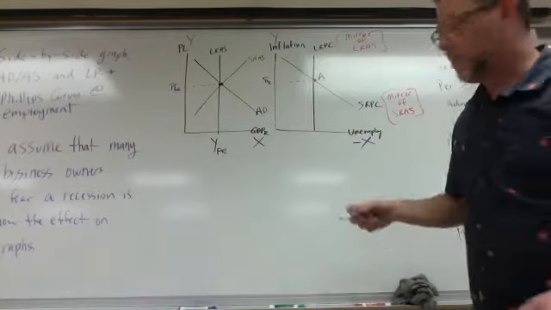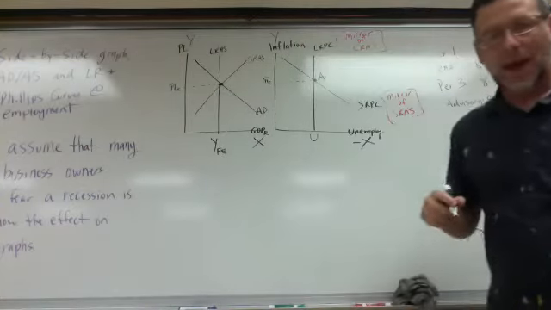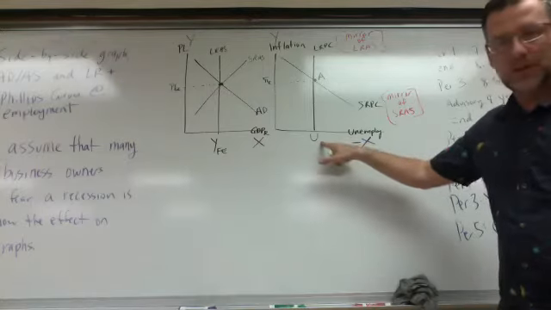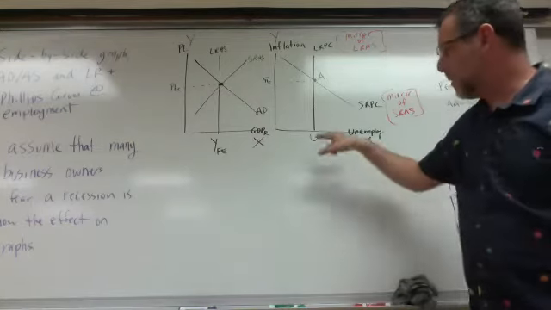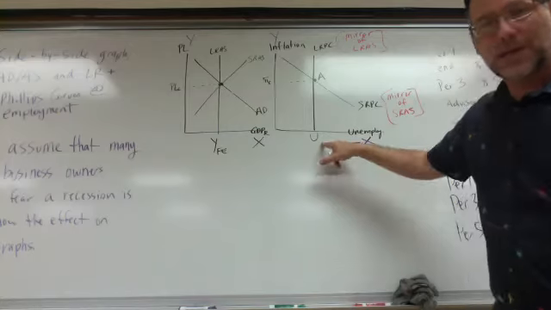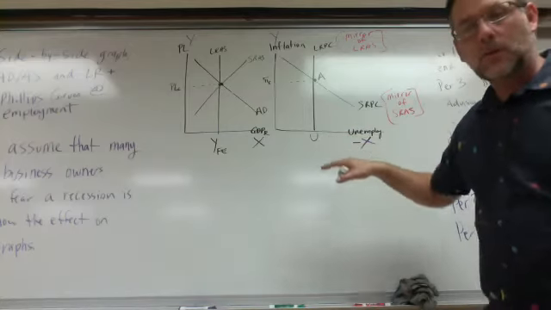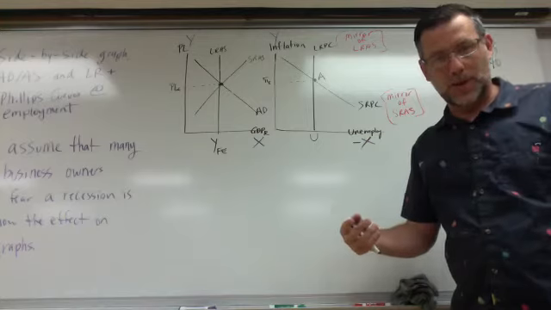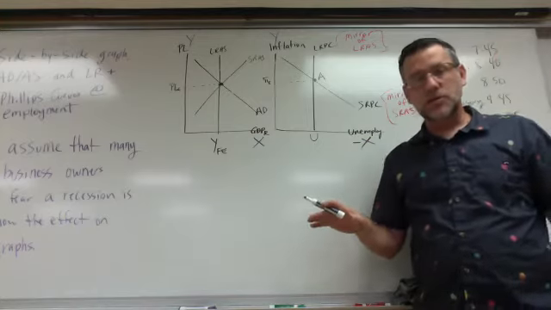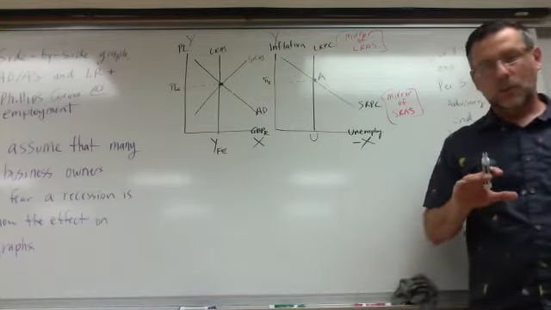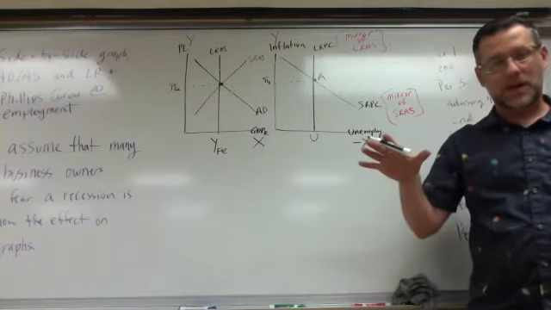And now we want to label it. So down here, we use the letter U, and we don't label it full employment, probably because full employment unemployment just sounds dumb. So we don't label it full employment. We label this, right, the amount of unemployment that we have when we're at full employment. In other words, there's no surplus of workers, there's no shortage of workers. We don't have more jobs than people that want to work.